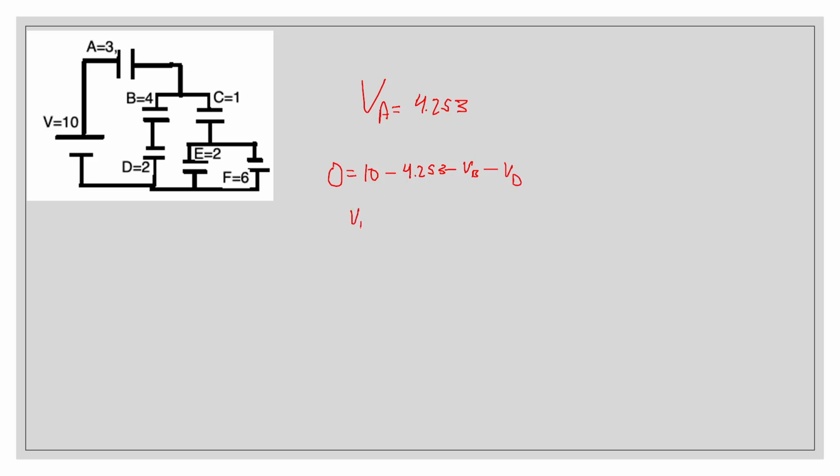So that means VB plus VD equals 5.746. Okay, right, we found that earlier.